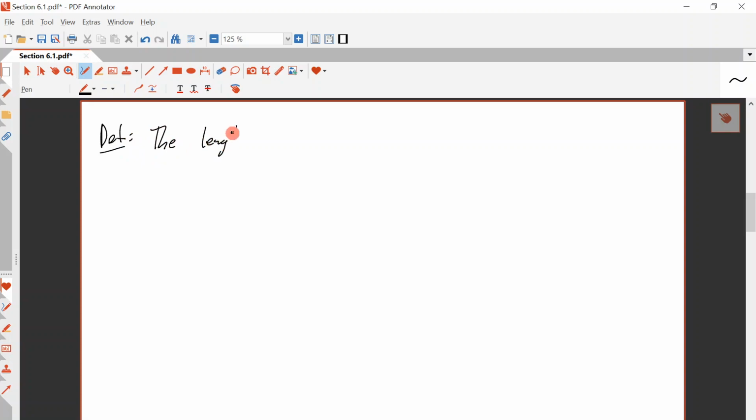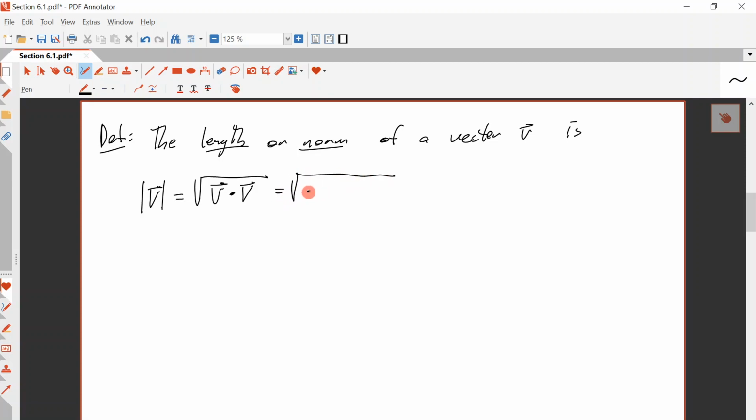The length, or norm as it's often called, of a vector v is denoted as the absolute value of v, which is the square root of v dot v, right, which is equal to the square root of a1 squared plus a2 squared plus up to an squared, when v is equal to the vector (a1, a2, ..., an).